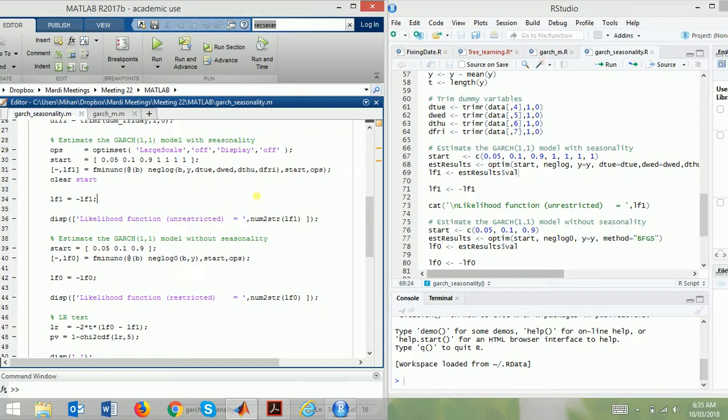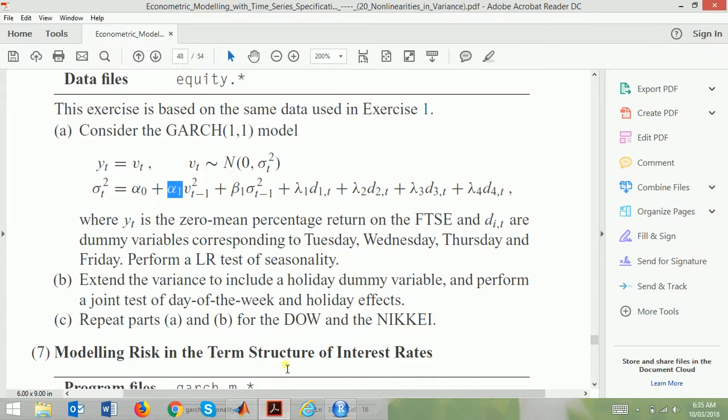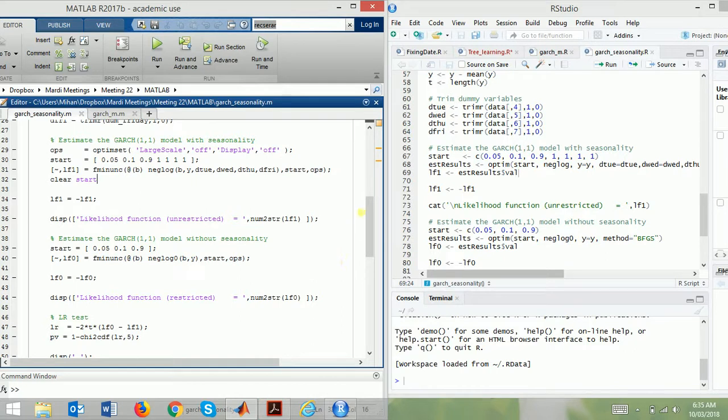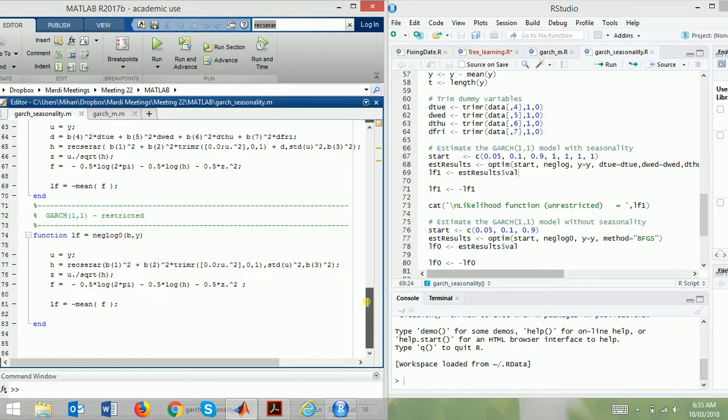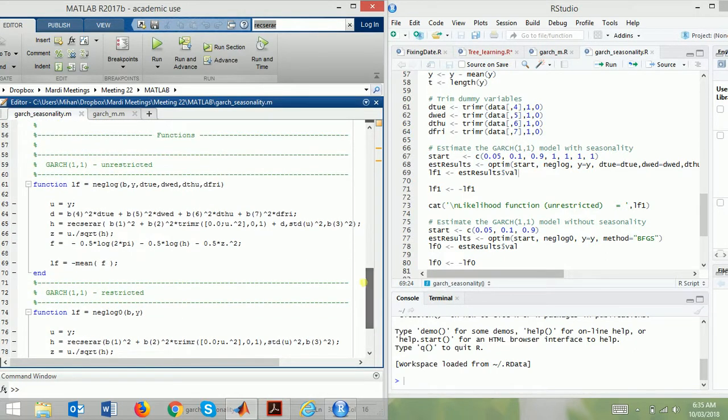Oh no, I'm estimating beta. Oh yeah, obviously there will be 7 because of beta. How many betas are there? It depends on that. We had 7 betas in our functions. How many betas did we have? We had 7 betas indeed.